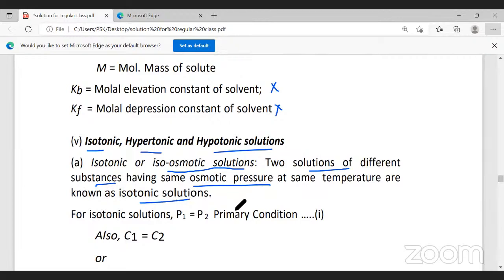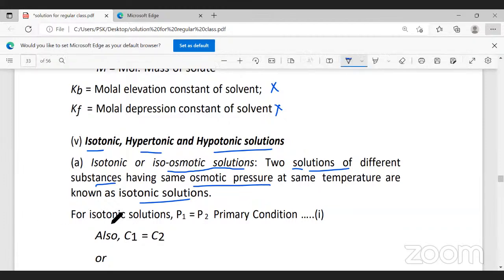What do you mean by isotonic solution? Two different solutions having the same osmotic pressure at the same temperature is known as isotonic solution. This is important. Definition they will ask you.